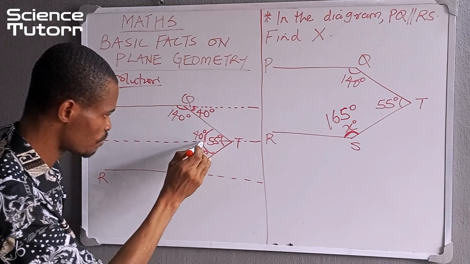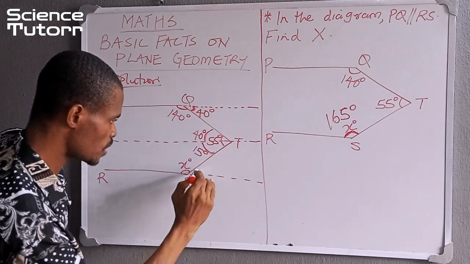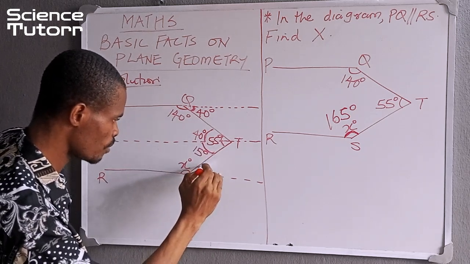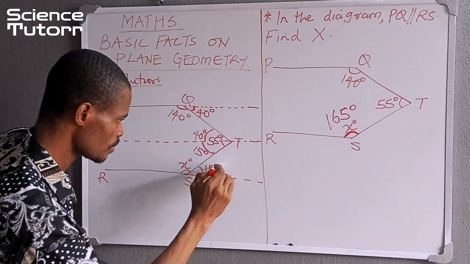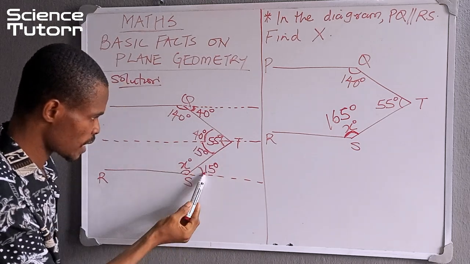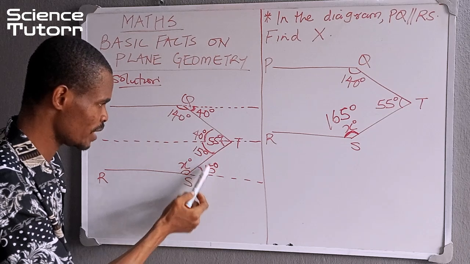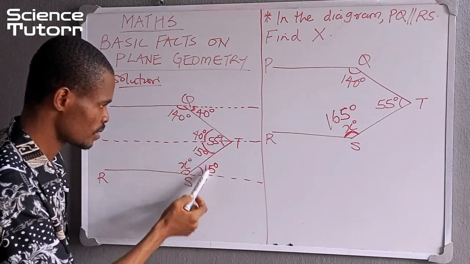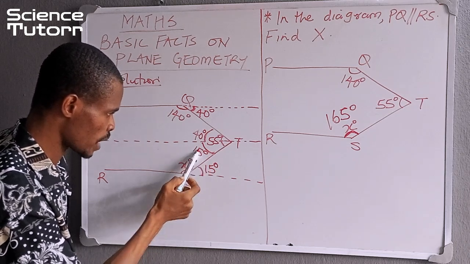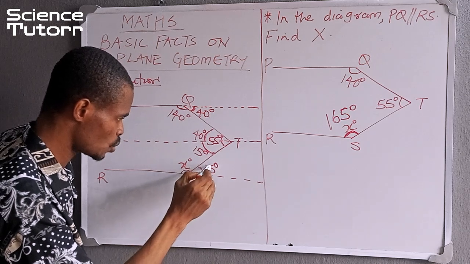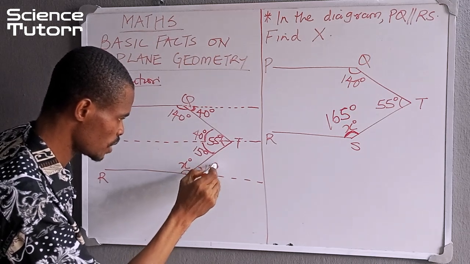So if this is 15 degrees, it means this angle will also be 15 degrees. Alternate angles are equal. That is one of the theorems that are applicable in geometry. Alternate angles are equal. So that makes this 15 degrees.